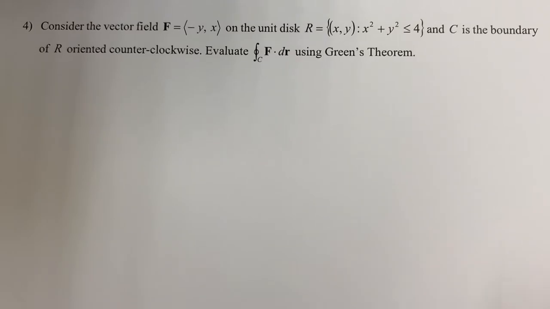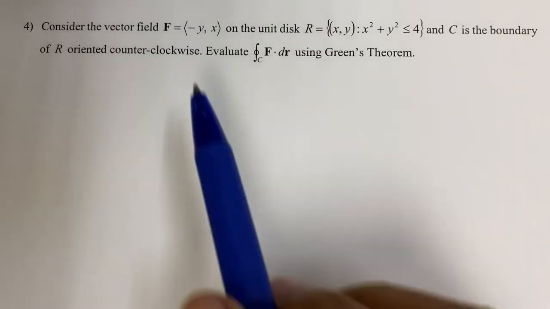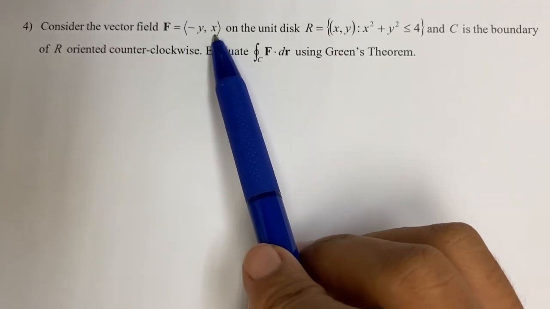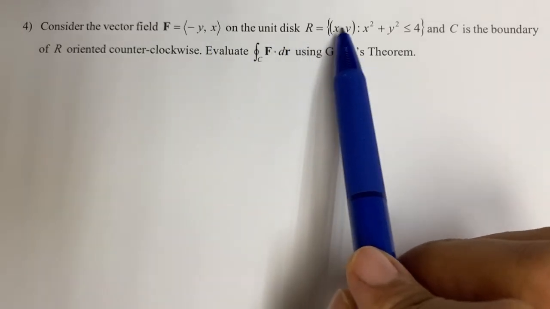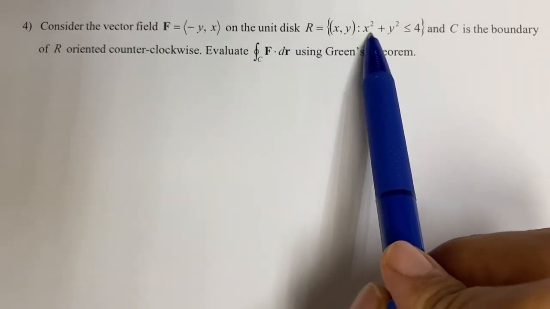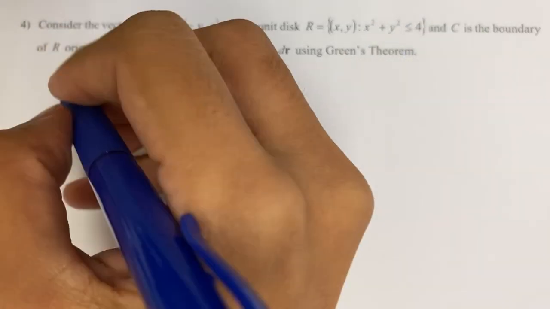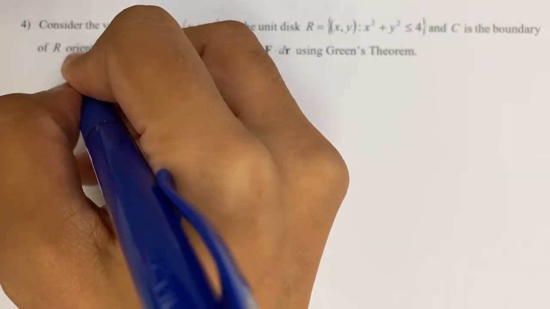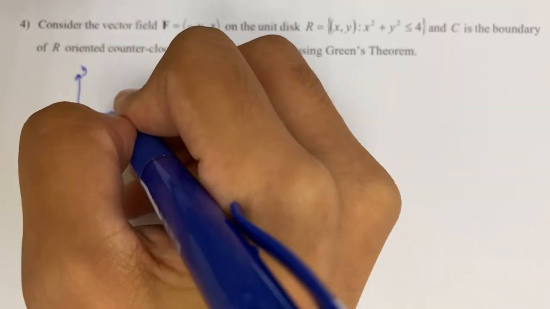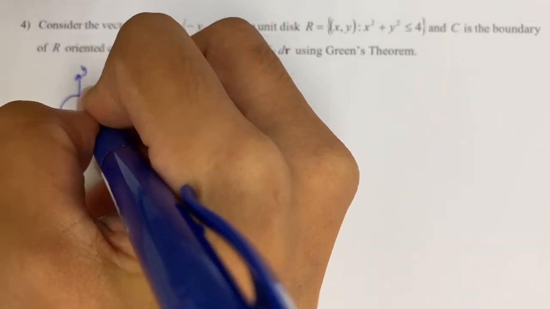The last example for Green's theorem: consider the vector field F equal to negative y for i and x for j, on the disk R, x squared plus y squared less than or equal to 4. So you have a circle with radius 2.